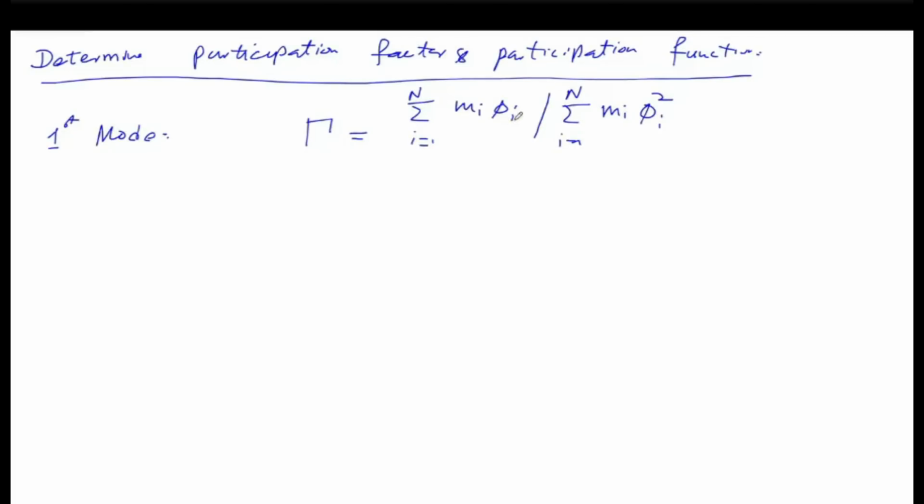And remember that phi is a vector for mode 1. Okay, this is for mode 1. Okay, so how can we tabulate this data?